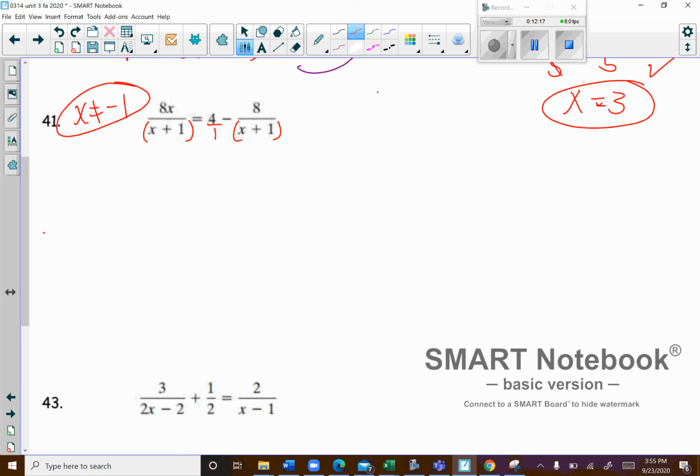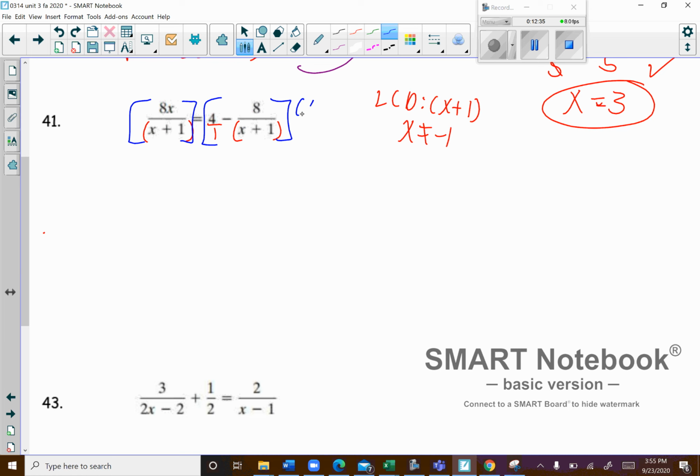So my LCD on this one is going to be x plus 1. And actually, I guess I should move that over so I have room right there. So x cannot equal -1. Okay, that would be better. All right, so now I'm going to multiply both sides by x plus 1.